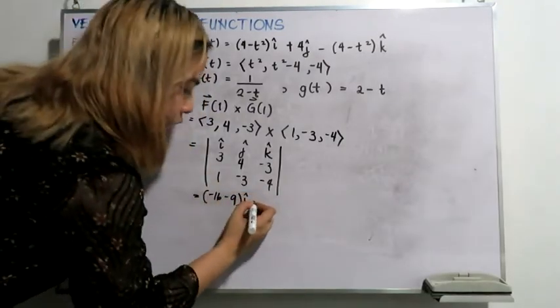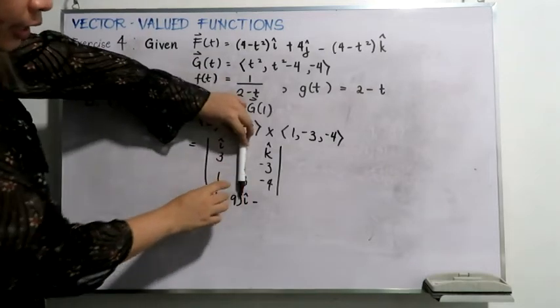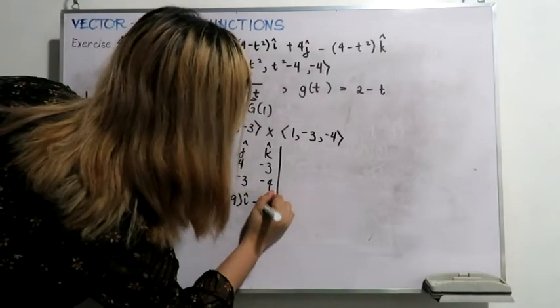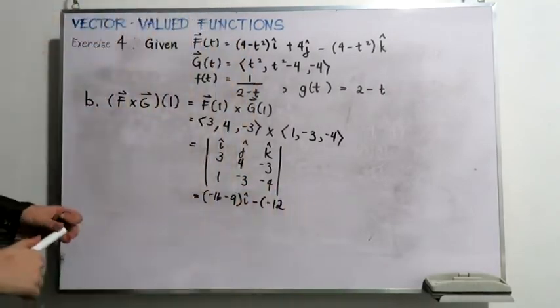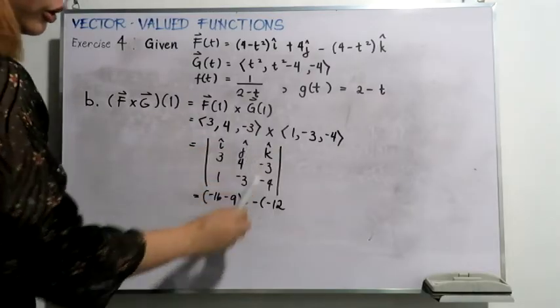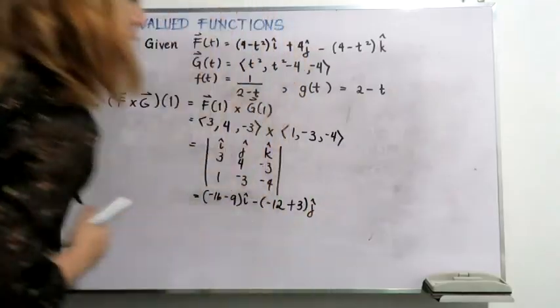Then minus the j hat component, which is obtained by multiplying 3 times negative 4, which is negative 12, minus 1 times negative 3, which is positive 3, j hat.